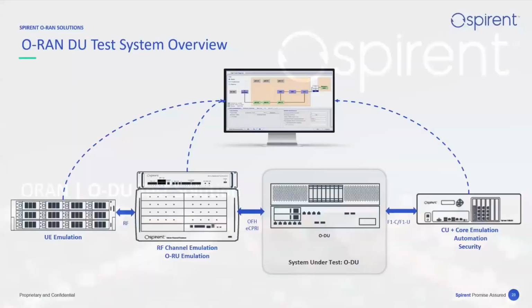Talking about ODU test solution, in this case, we are just reversing and we have the device under test ODU. Now, if we see the previous picture, we need RU emulation right now. And on the right hand side, we need CU and core. And that's exactly what we have here. So we have RF channel emulator, which is working on RF, and then it is converting those packets to IQ data.